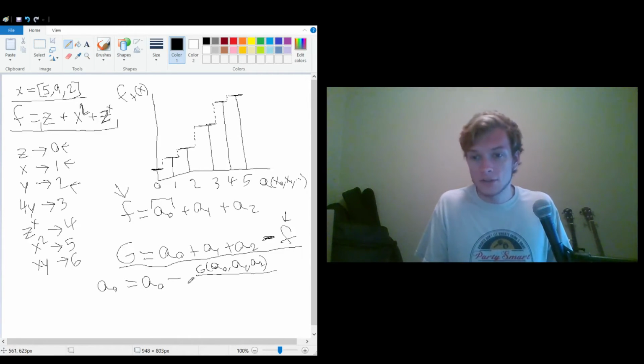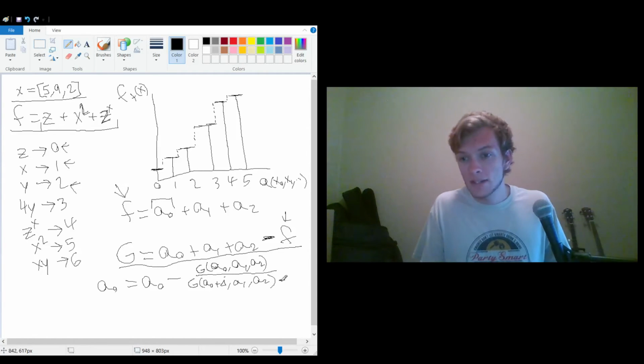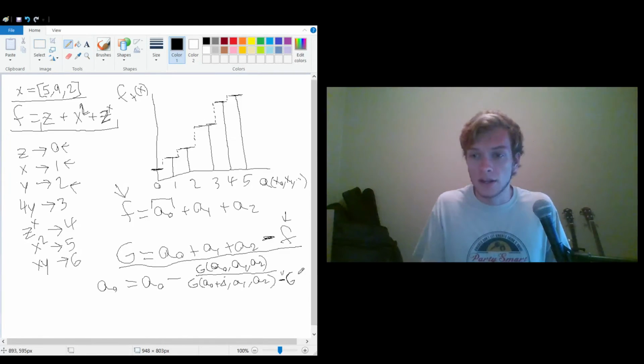And then our central difference would be G of A0 plus some delta, A1 and A2, minus the same thing, except this is a minus sign. So I'm running out of space here, but so it's G minus and then all over 2.